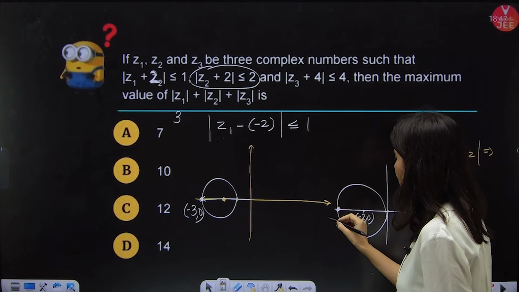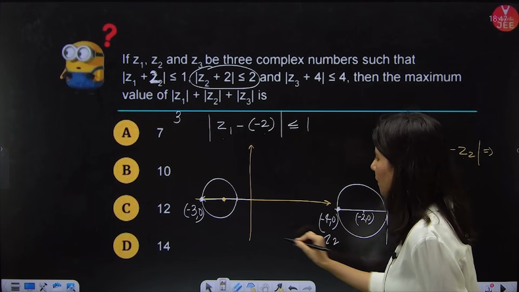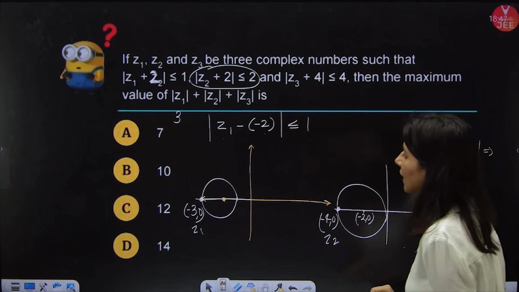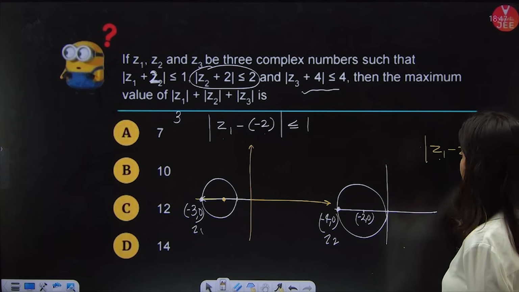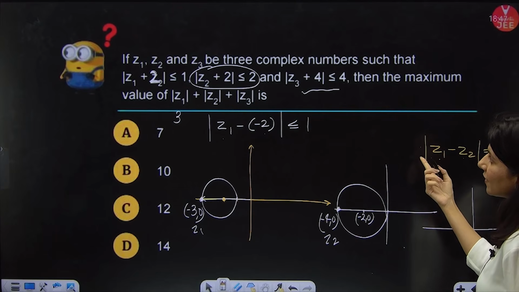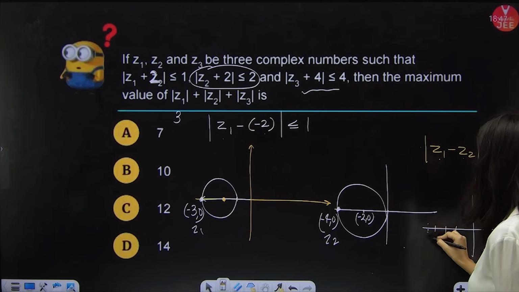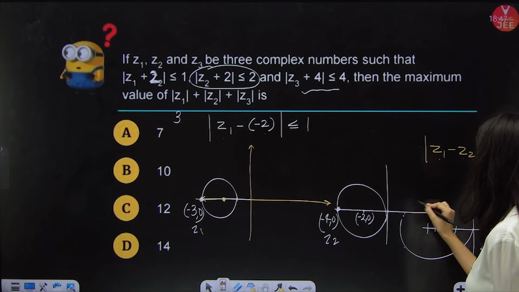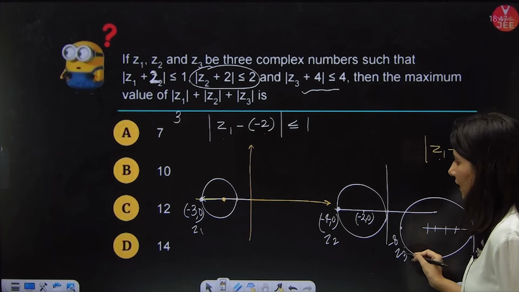So this is your minus 4, 0, your Z2 point, and this is your Z1 point. And this is mod Z3 plus 4 less than or equal to 4. So basically the radius is 4 and the center is minus 4: 1, 2, 3, 4. So minus 8 is your Z3, correct?